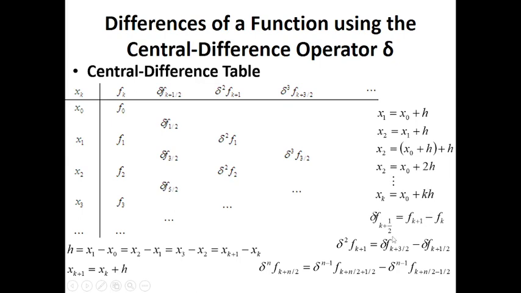So we now proceed. So we have here differences of a function using the central difference operator delta. So by definition, delta f sub k plus 1 half is simply equal to f sub k plus 1 minus f sub k.